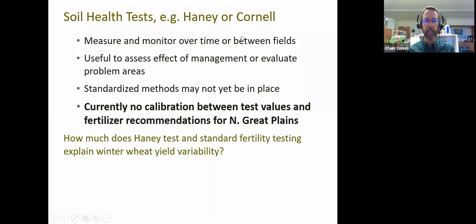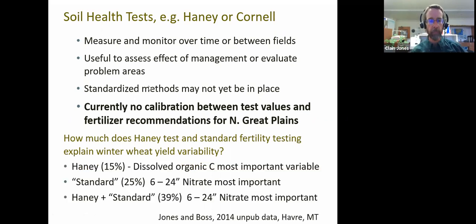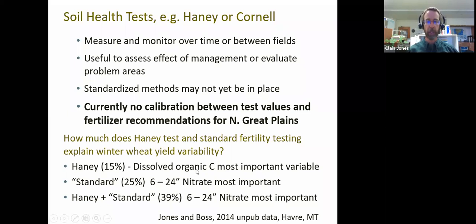One question I had, and I worked with Darren Boss up at the Northern Ag Research Center on, is how much does the Haney test versus standard fertility testing explain winter wheat yield variability? So my thinking was, if these are doing a good job at basically helping the soil, they should also help yield. When I looked at the Haney test, I found that it explained about 15% of the winter wheat variability, and dissolved organic carbon was the most important variable.